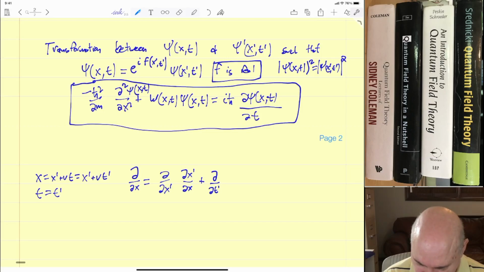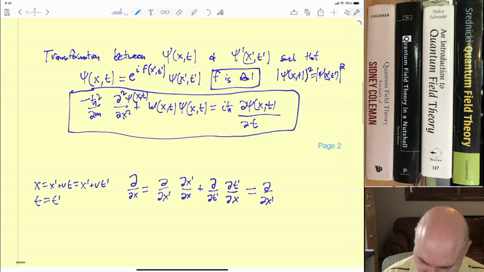Okay, I take the derivative of the function with respect to x prime, and then I take it with respect to t prime, times the partial of t prime with respect to x. Okay, now this is equal to the partial with respect to x prime.